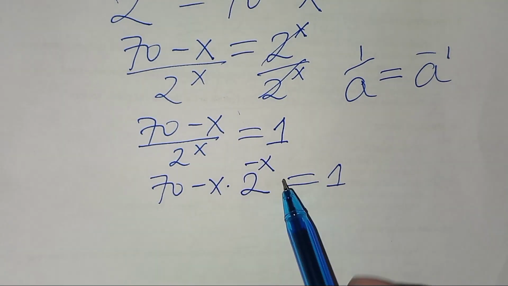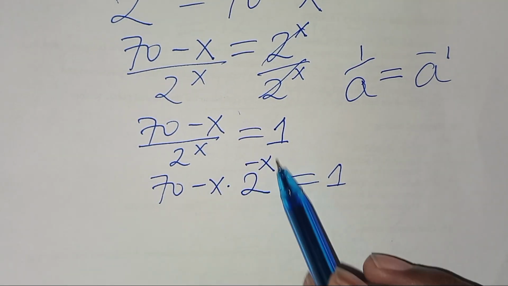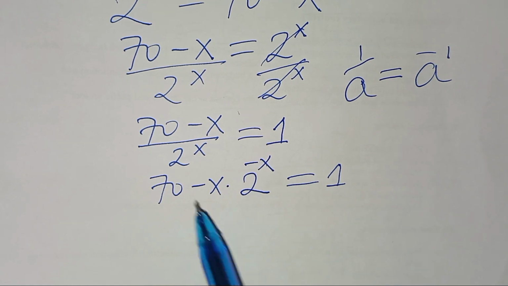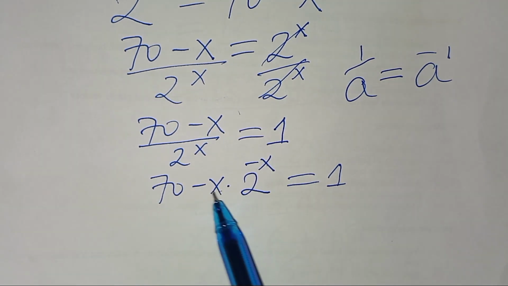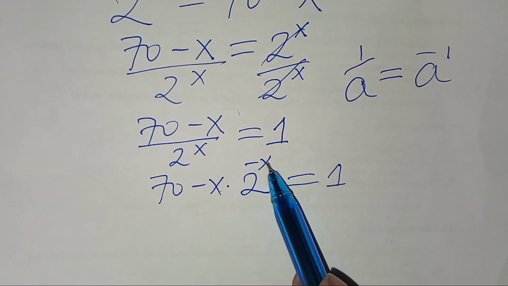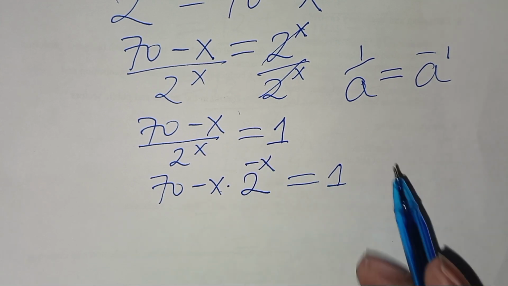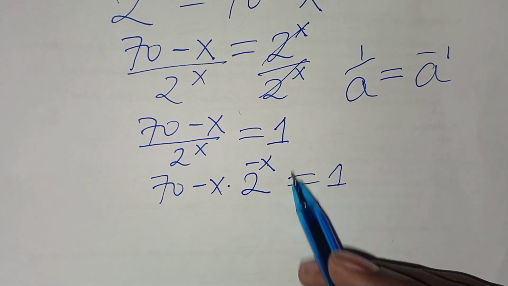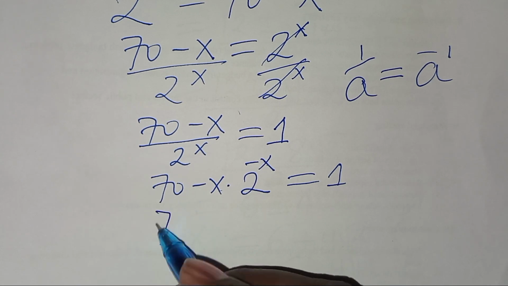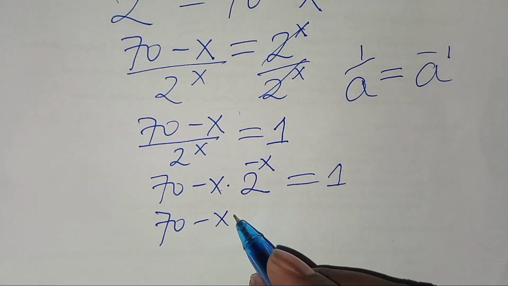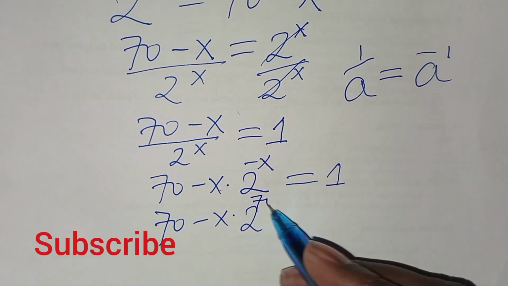The next step: you find that the exponent here is negative x, and if you check the coefficient, we have negative x, which is the same as the exponent. So let's make the coefficient the same as the exponent by multiplying both sides by 2 to the power 70.